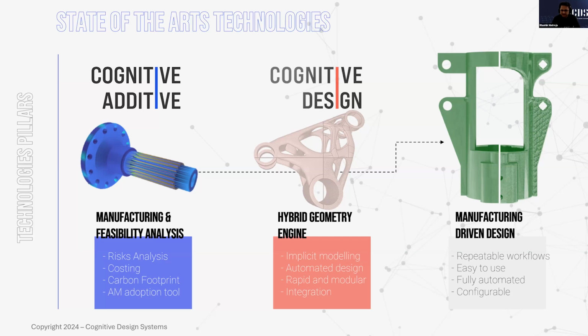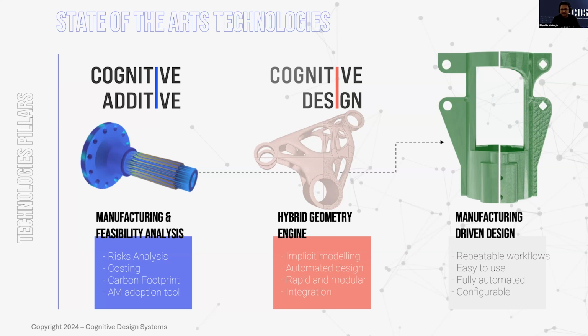Second core technology is our hybrid geometry engine, which we created from scratch. It's called Cognitive Design, where we use implicit modeling and we automate design workflows in order to get insights from the simulation data and the manufacturing data, and to rapidly change the design to make parts manufacturable and better in general.